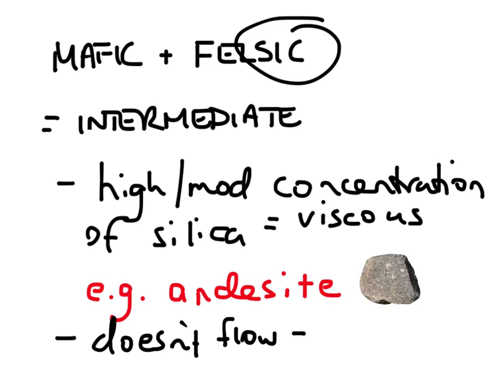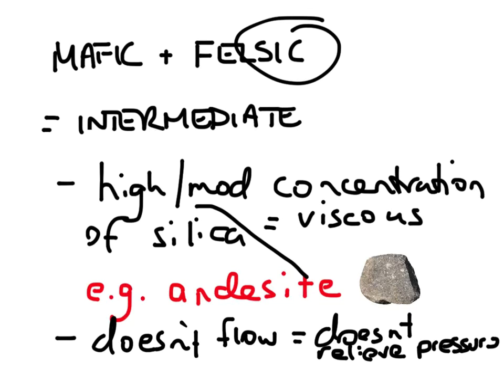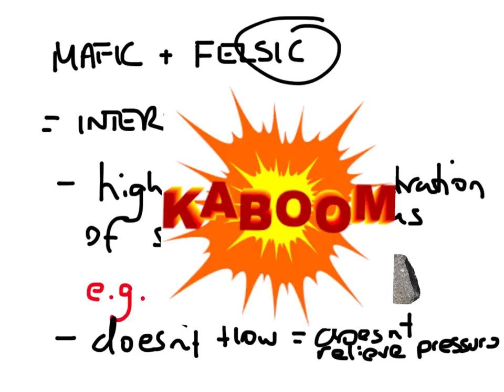And what happens then is it doesn't flow, which means it doesn't relieve any pressure. And that means, guys and girls, pressure builds up and you end up with a very large, explosive and dangerous volcanic eruption. Kaboom! Whew, that was exciting.